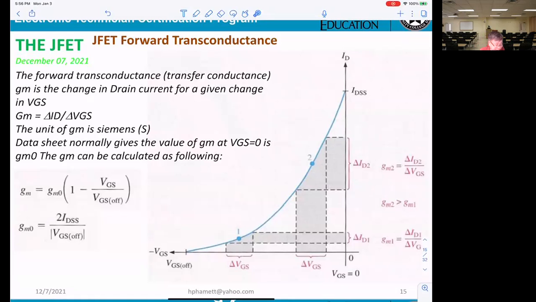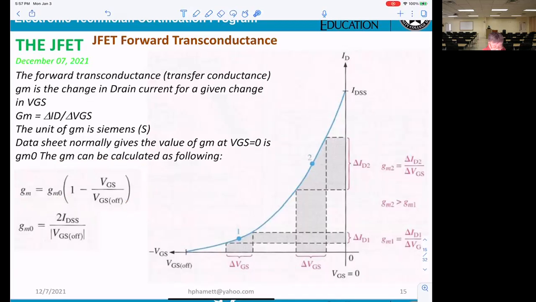That means you take the delta, the difference in ID divided by the difference in VGS, you get GM. And now they give you the formula to calculate the GM. GM equals GM0 times (1 minus VGS over VGS off). Okay?